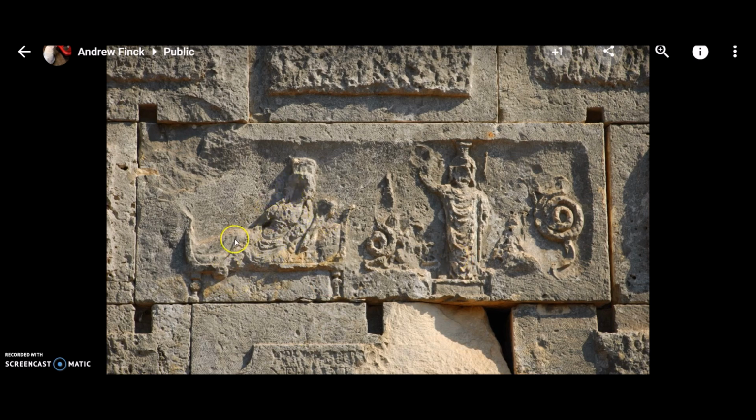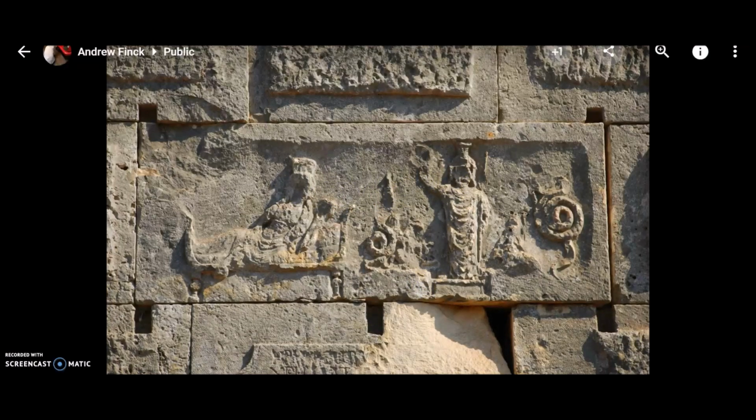It looks pretty old, and if they did not do this originally, it was definitely a bevel block that was repurposed. You'll notice this portion is damaged, and the faces appear to have been defaced, or maybe that's just heavy erosion on it. But I find that interesting.